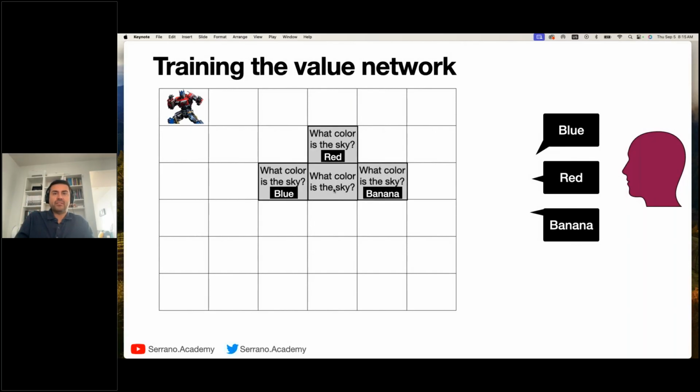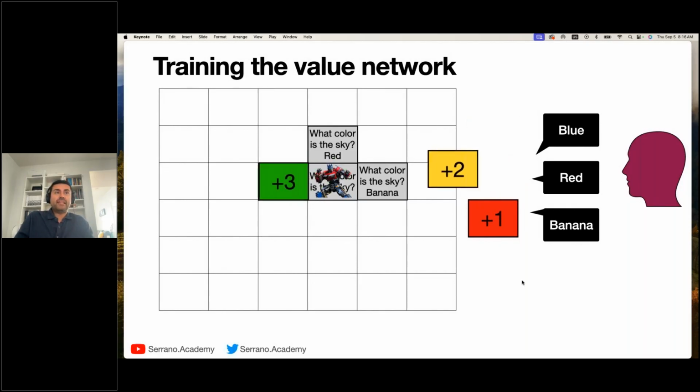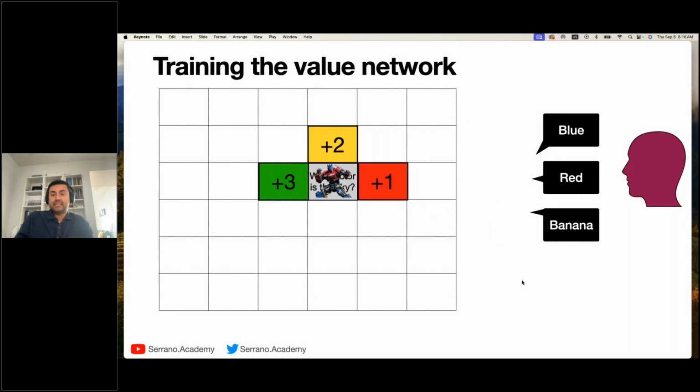So when you're at what color is the sky, that's where the agent is. Then the 3 words you could add are red, blue, and banana. And the human won't just pick, they would actually rank things and give them scores. So 3, 2, 1, for example: 3 for the good solution, 2 for the so-so solution, and 1 for the bad solution. And each one would be the value of that corresponding state, okay?